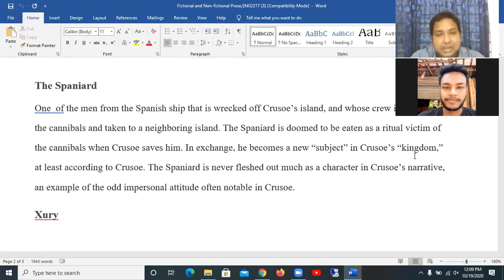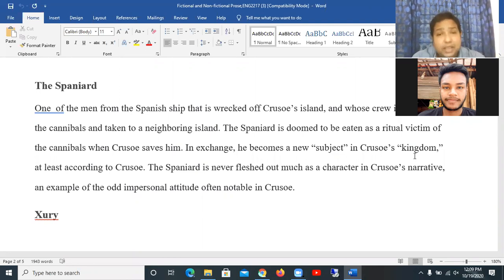So there is a Spaniard here. One of the men from a Spanish ship that was wrecked on Crusoe's island, whose crew was rescued by the cannibals and taken to a neighboring island. So suddenly, Crusoe one day sees a Spaniard on the island, and he learns from the Spaniard that other men from their ship were kidnapped by the cannibals, who are going to eat those Spaniards, and they are living on a very nearby island.